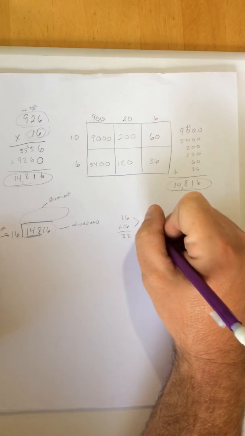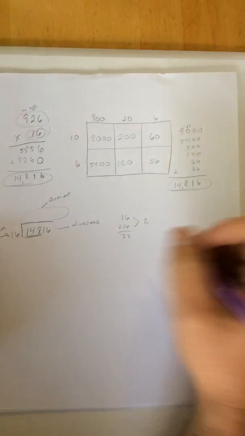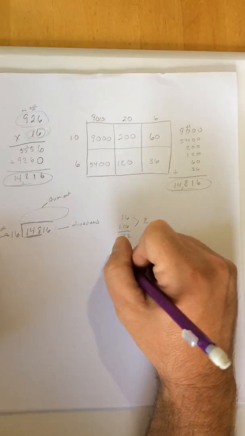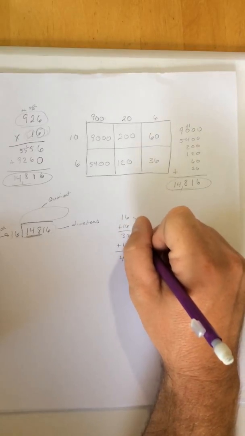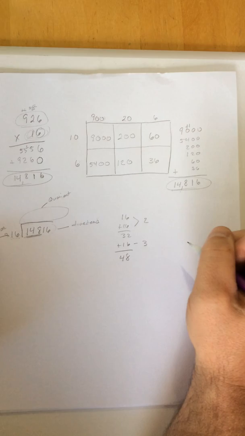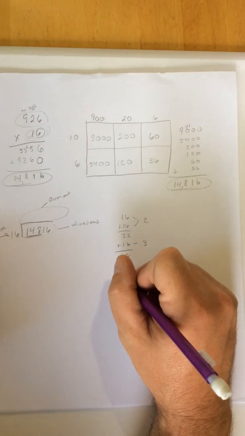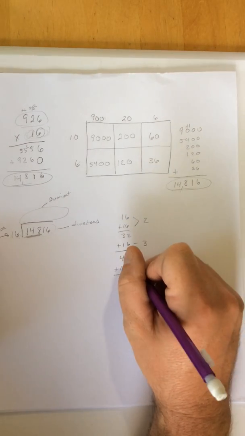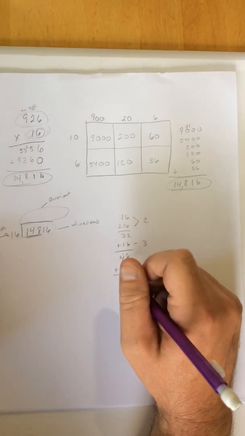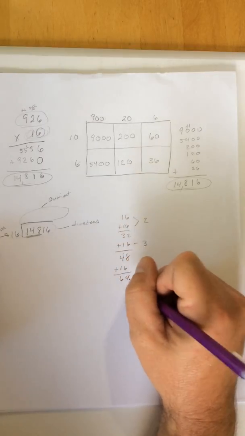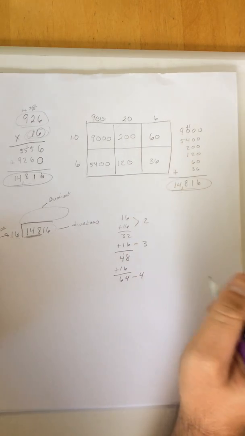Right there, how many 16s do I have? I have 2. If I do it again, that's going to be 48. Well, right there, I have another 16. That's 3. You could sit here and add by 16 until you got all the way up to 148. But that might take a while, won't it?